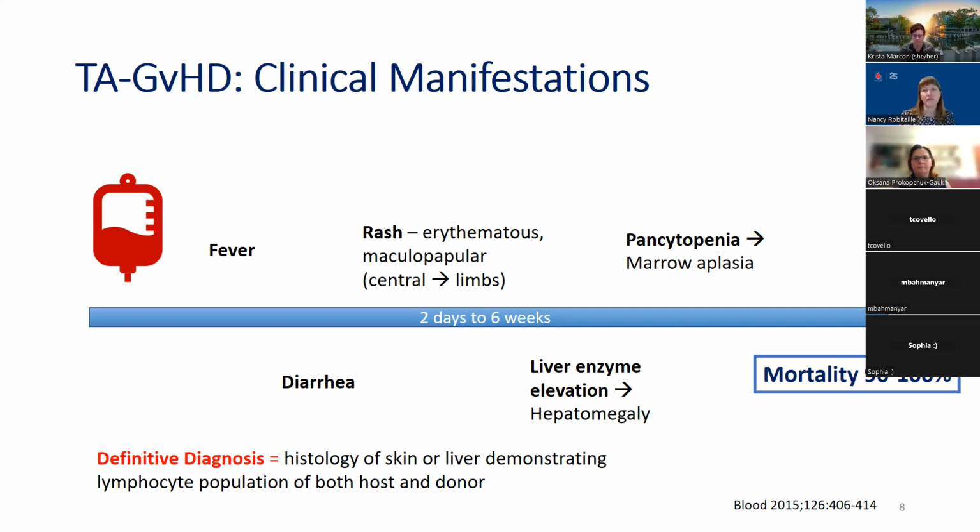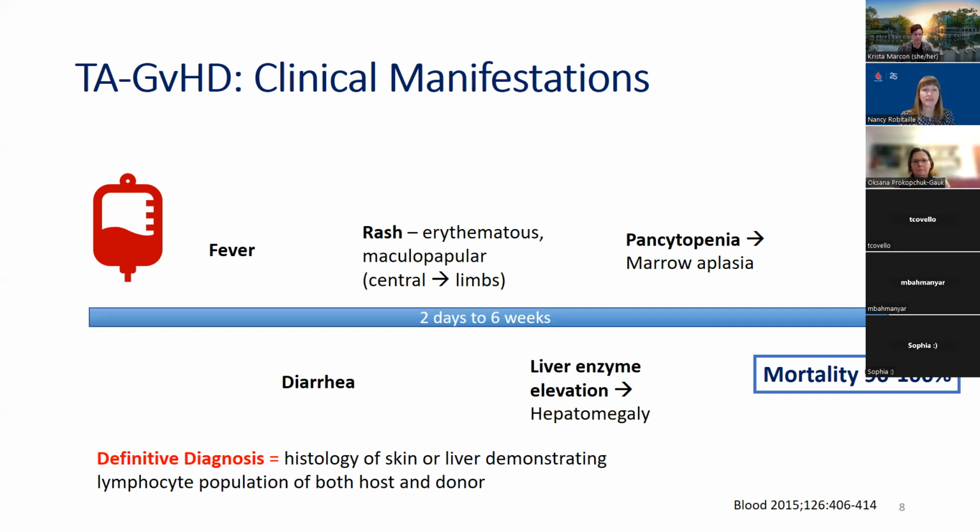You can also have pancytopenia caused by a marrow aplasia, diarrhea, and liver enzyme elevation, and you can also have hepatomegaly. This adverse reaction is almost always fatal, with a mortality rate between 90 to 100%.